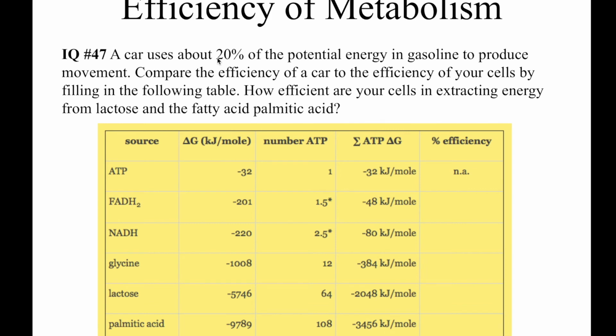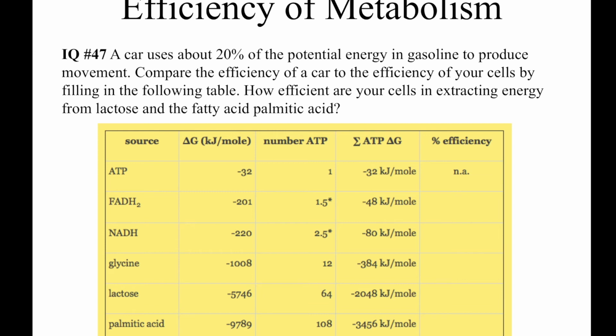If you measure how much energy is in a unit of gasoline, and when you burn that gasoline in your car, how much of that are you capturing in terms of forward motion, the ability to do work in your car? Car is about 20% efficient, in that about 20% of the energy that's in that gasoline actually moves your car forward. The rest gets transferred into heat. That's why your car has a radiator, so it can dissipate this excess heat.